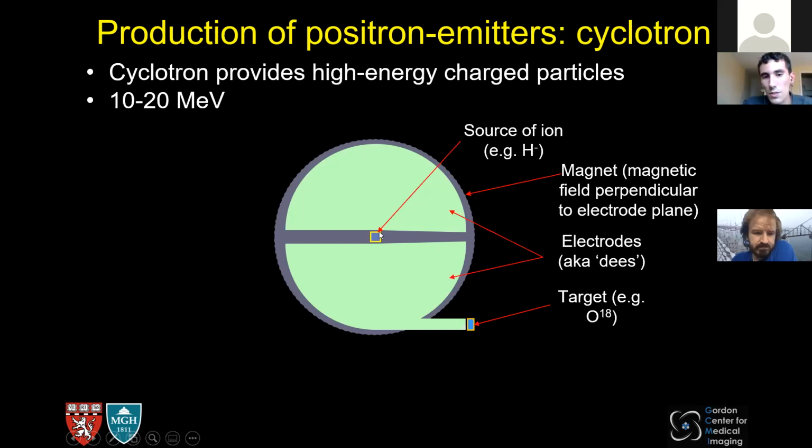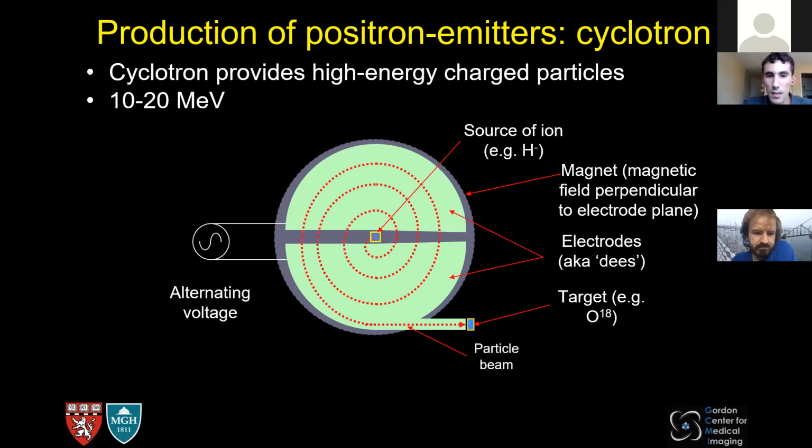And then to send your charged particles from here to here with enough energy, the cyclotron applies a very high alternating voltage between the electrodes so that it can successively attract and repel those charged particles. When you apply a positive charge, you attract the hydrogen anion, and when you apply a negative charge, you repel it.